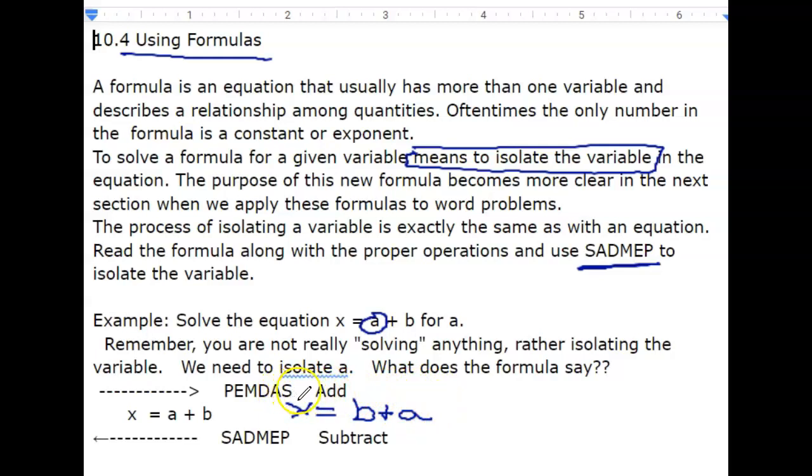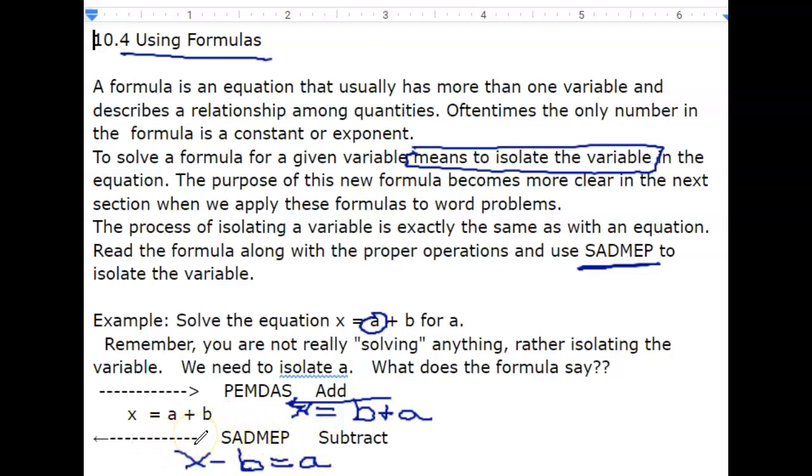You want to be able to work this backwards. So b is going to go backwards and opposite with the x. So I'm going to subtract it over. So x minus b equals a, and that's it. This is what I would use. Now that I have a isolated, if I wanted to solve for it, all I have to do is plug in a number for x, plug in a number for b, and do that math.